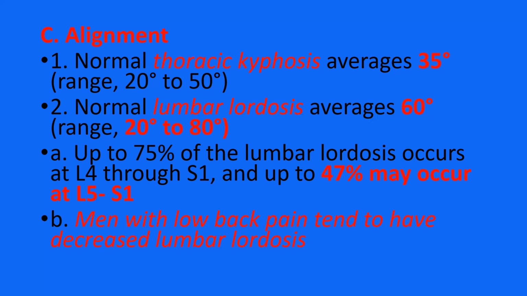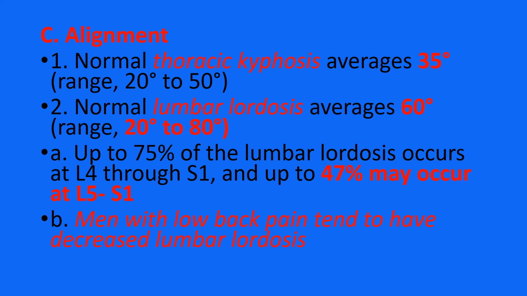As you recall from the beginning of my lecture, we said that it's about twice as much as the thoracic kyphosis. Up to 75% of lumbar lordosis occurs at the level of L4 through S1, and up to 47% may occur at L5-S1.